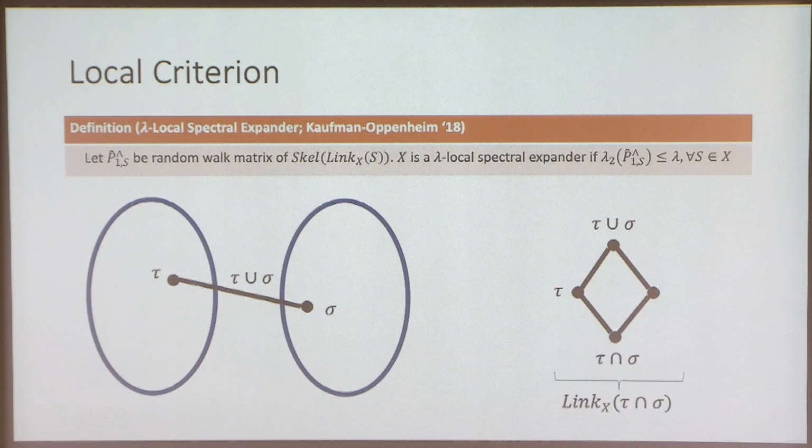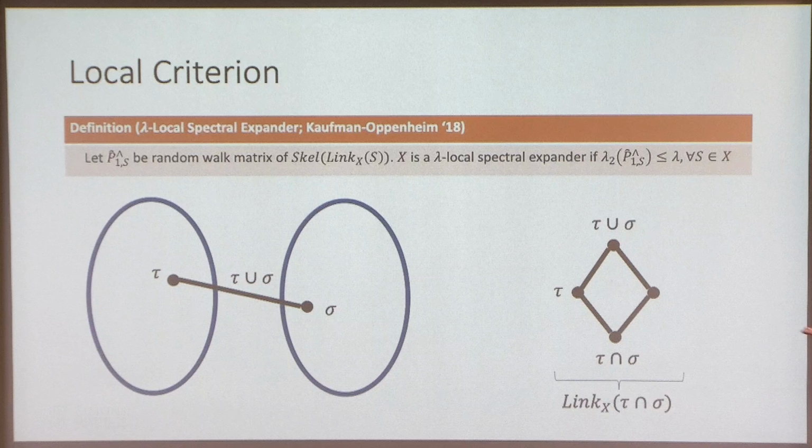So let me say some intuition that Professor Kaufman mentioned yesterday. So why this definition? Suppose you're looking at the global random walk or the global graph of all size k elements of your simplicial complex, and you want to say that this graph is a good expander.